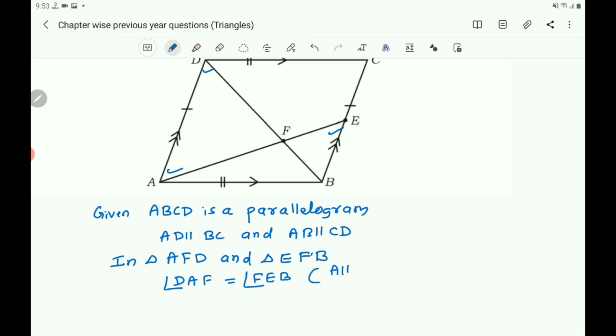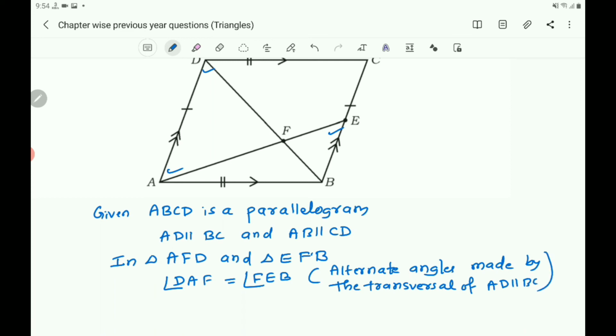Alternate angles made by the transversal of AD parallel to BC.